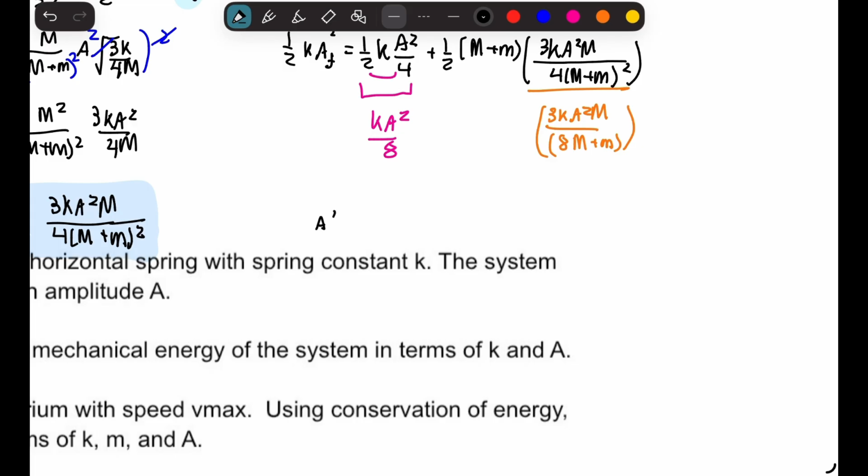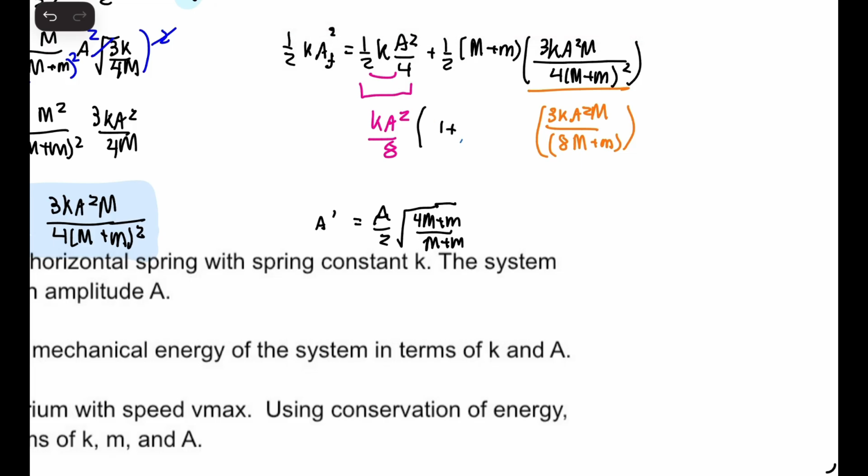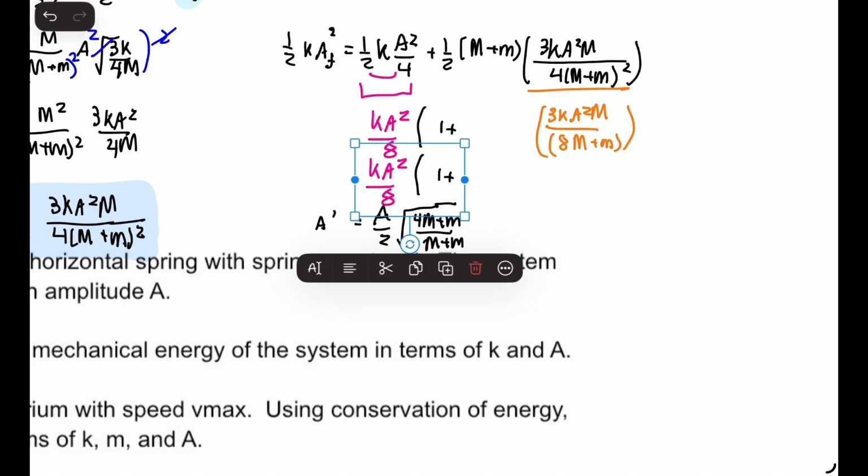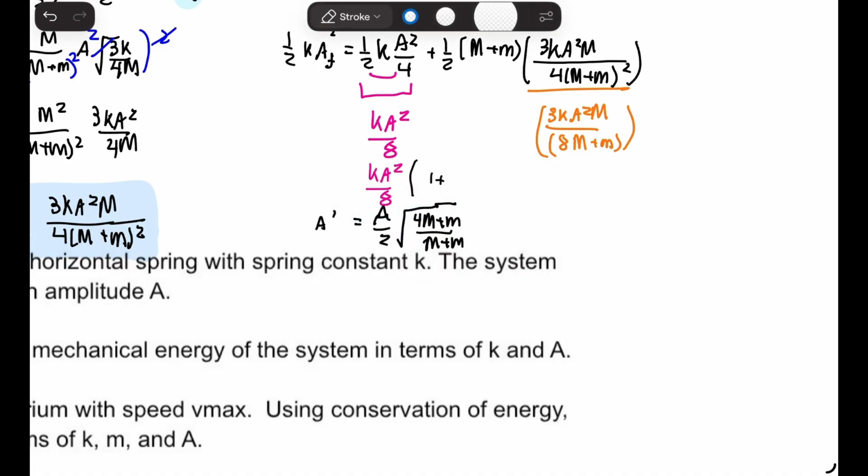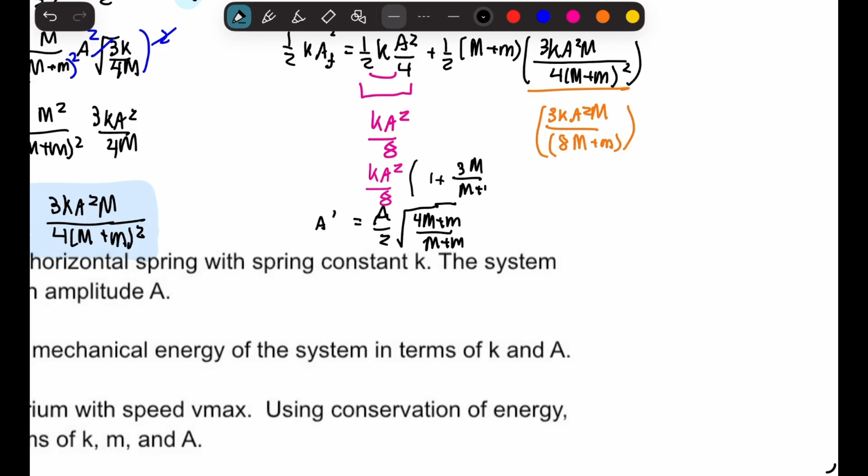So your final amplitude is going to equal A over 2 root of (4M plus m plus m), because your 1/2 kA squared is equal to kA squared over 8 times 1 plus 3m over (M plus m), which equals 1/2 k A_F squared.